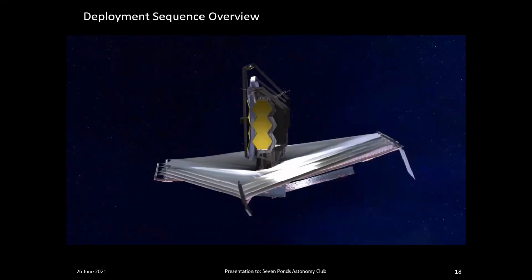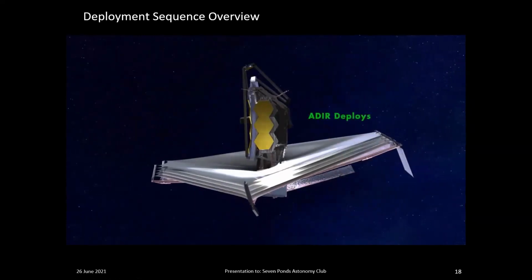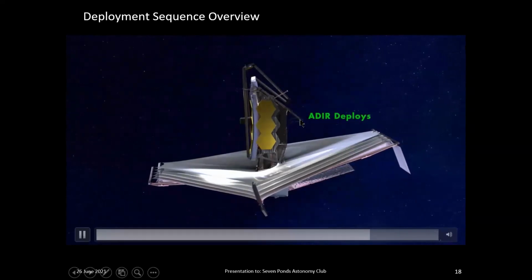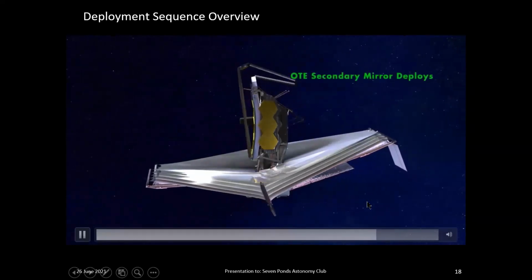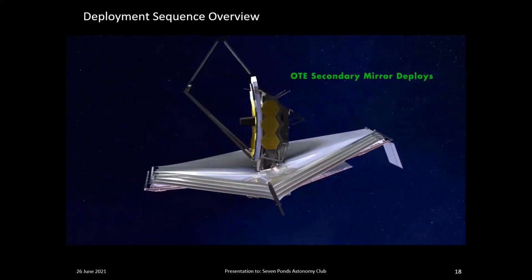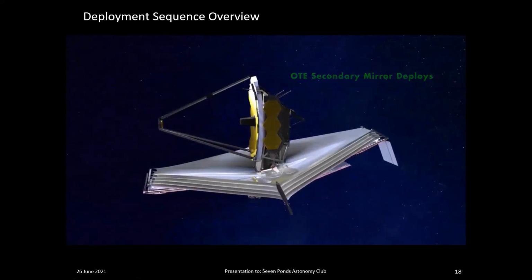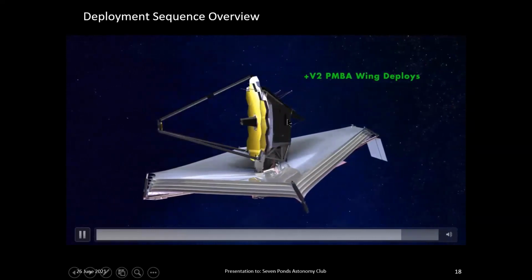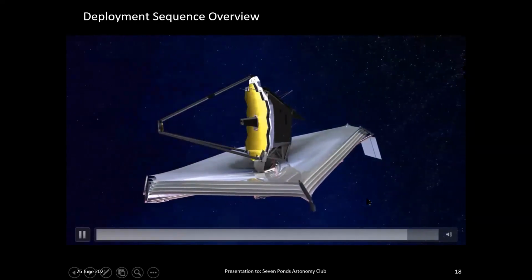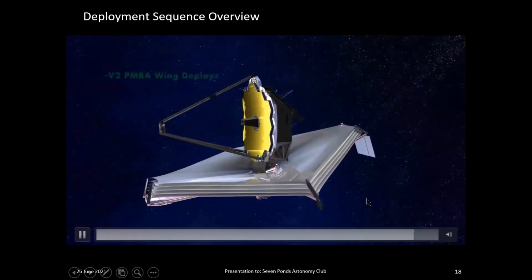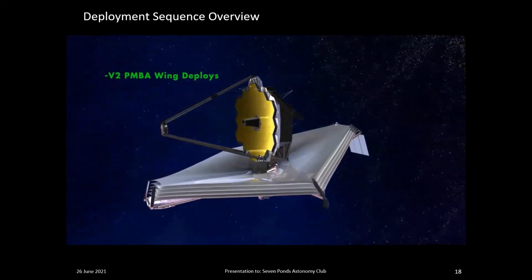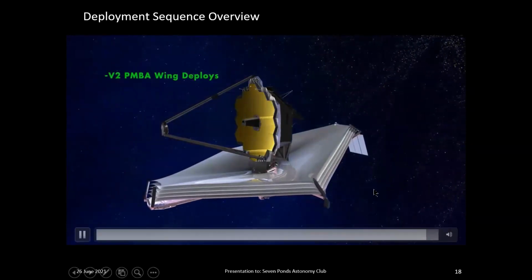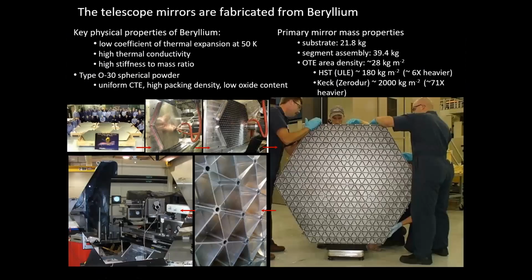There are other small thermal radiators that deploy for cooling certain parts of the JWST. And here you see the secondary mirror of the telescope deploying. And now you see the wings of the primary mirror deploy, much like a round drop leaf kitchen table. And that's how the origami works.